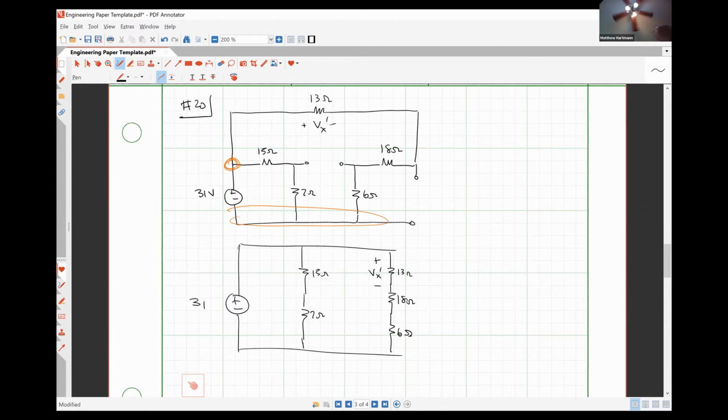So these two circuits are identical. So using voltage division, we would have 31 volts times 13 ohms divided by 13 plus 18 plus 6 gives us, I'm assuming, 10.892 volts if I did my math correct.